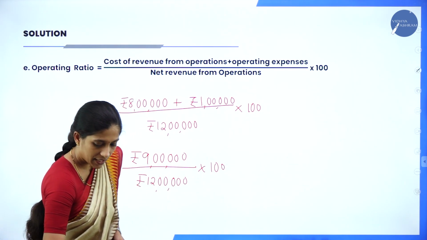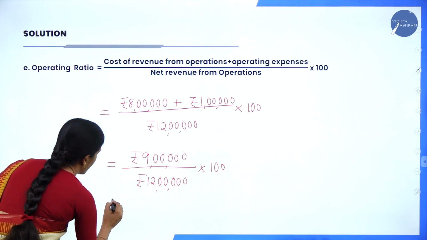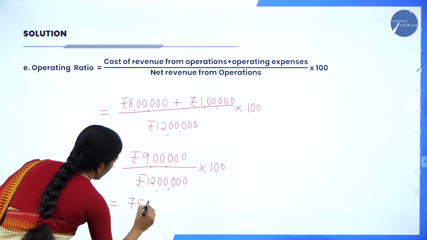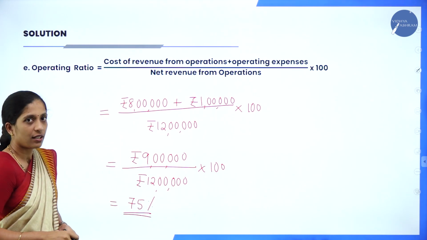So 9 lakh divided by 12 lakh into 100 will be 75%. So this is about your operating ratio.